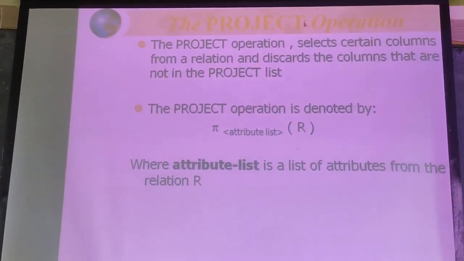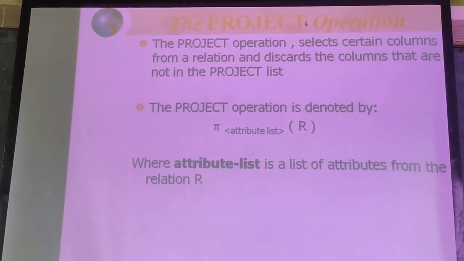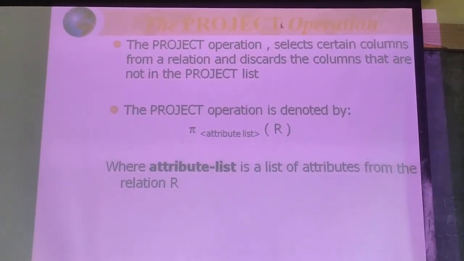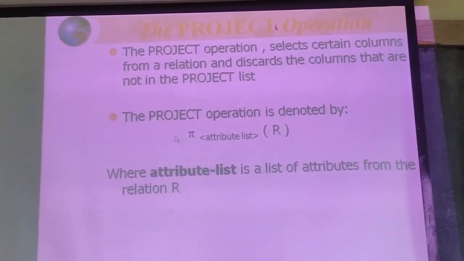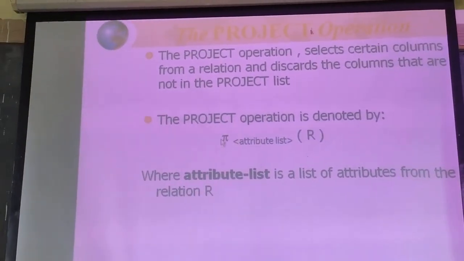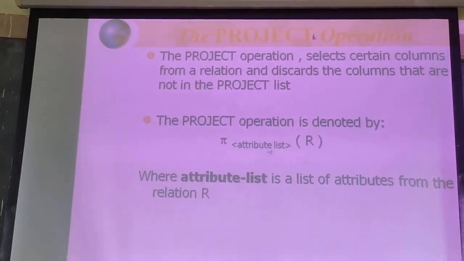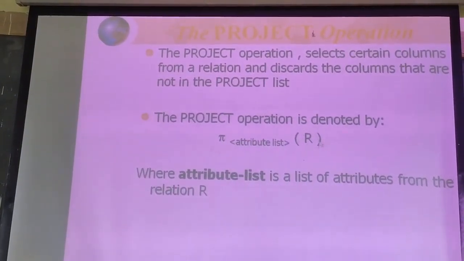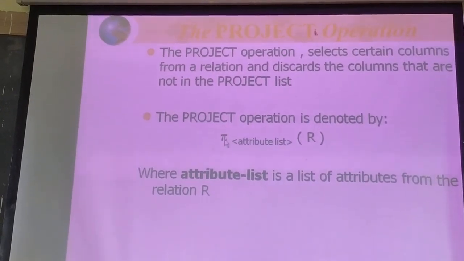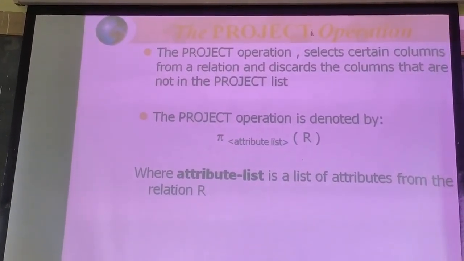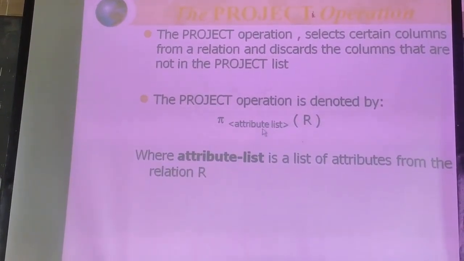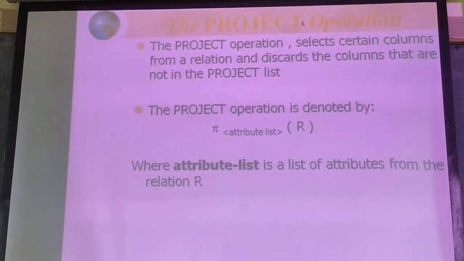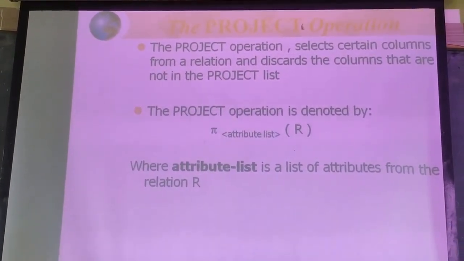Rows are accessed using the sigma symbol, and columns are accessed using the pi symbol. The pi indicates a project operation, and here we specify the attributes we want to access from the relation. So the pi symbol represents the columns to access. The attribute list contains the attributes we need, for example first name, last name, age of the person, address, salary, like that.